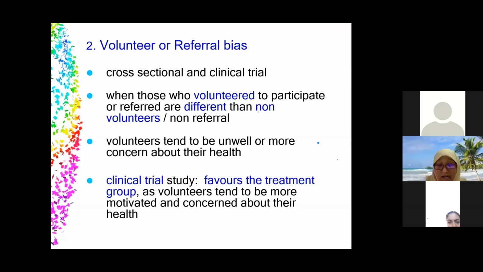Of course, the study result is that the treatment will be effective because volunteers tend to be more motivated. Dia akan lagi semangat nak try, compliance very good. So result akan keluar, ya, ubat baru ni sangat bagus daripada yang lama. But actually, there is a bias in the study. If you are able to detect that, then you will interpret the result with caution.